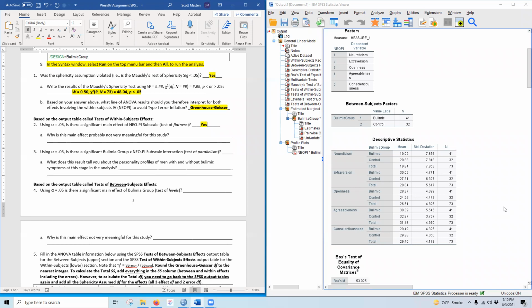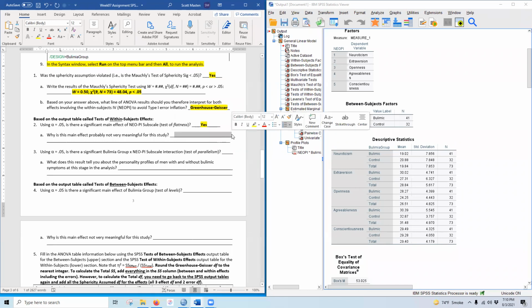But why are we doing this study comparing bulimic and non-bulimic males on their profiles if we think they're the same? Well, we don't. This person thought they're different. They have all these specific hypotheses. So why is this main effect probably not very meaningful for this study?